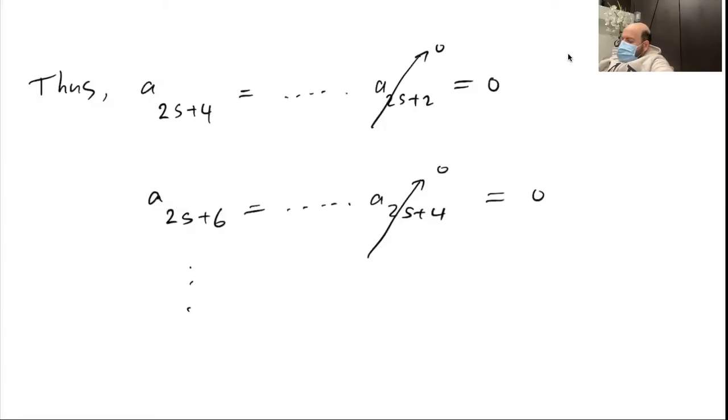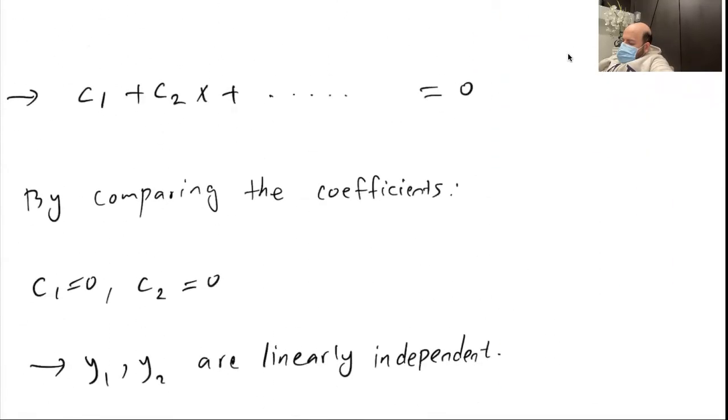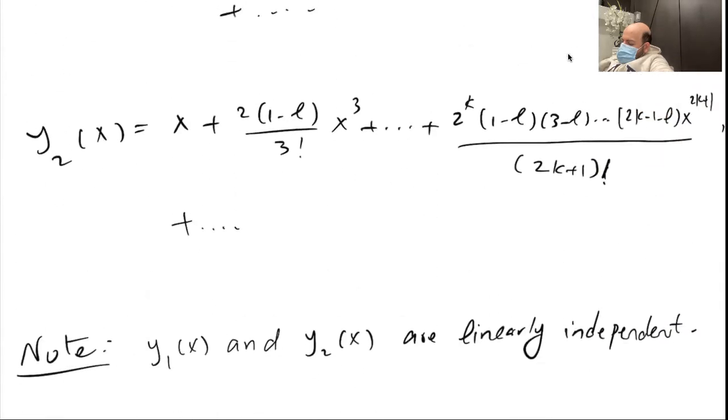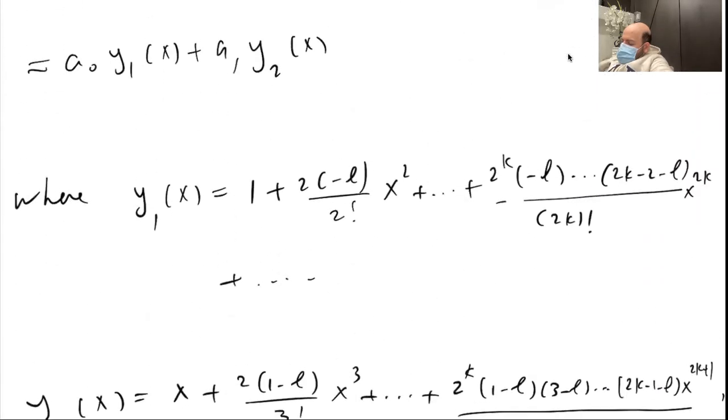Now, what will be y1? If you look at y1, it's the addition of all even coefficients times x to even powers, apart from the factor a0, because a0 has been taken out and is not part of y1.